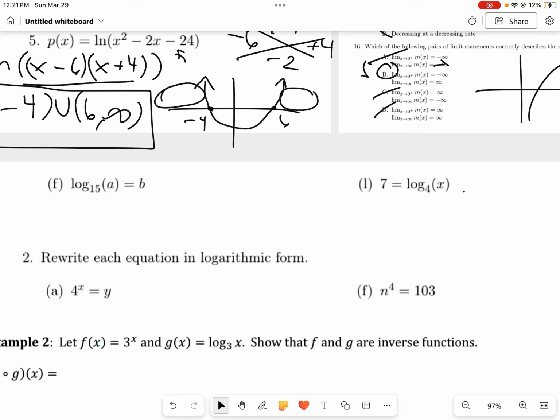Okay, not this one. Not this one. Is it this one? Huh. Maybe it's one later in the thing.